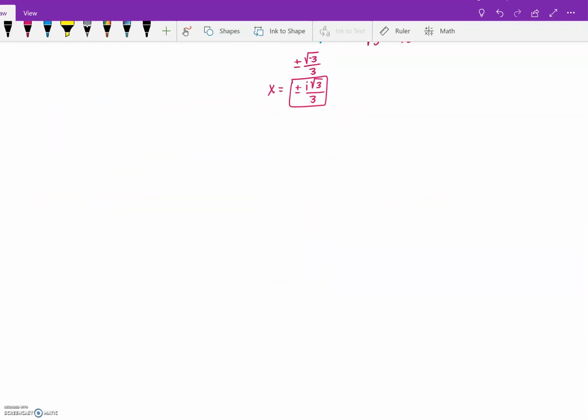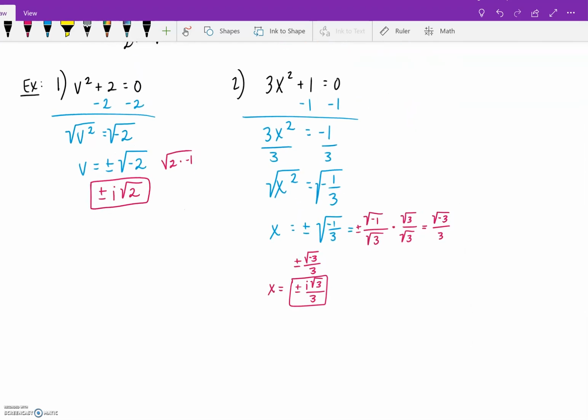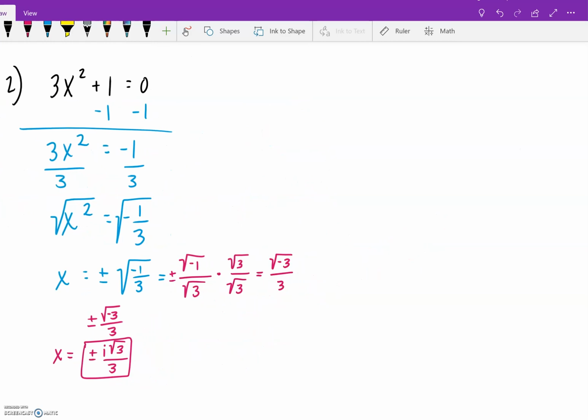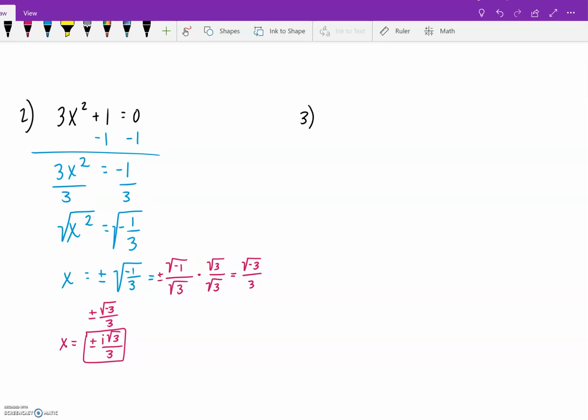On your homework, you will see some examples where there's not an i value. You will not get imaginary numbers every single time. There will still be some problems where you get real solutions, and that's totally fine. You just have to be aware of the problems that do give you a negative under the radical and be sure that you know how to deal with those complex roots.